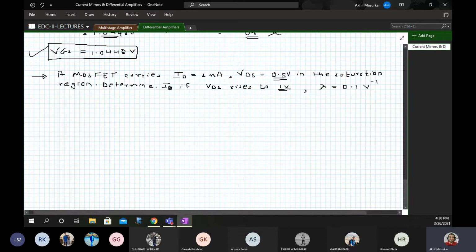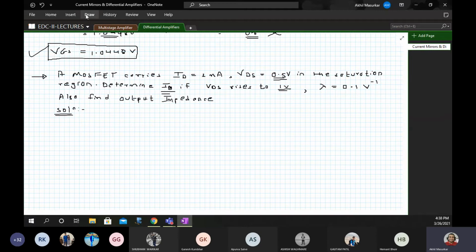So that is the first part of the sum, that is determine ID, and also find the output impedance. So let's see the solution to this problem.